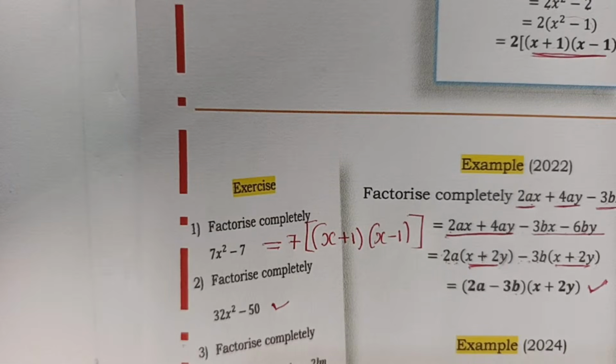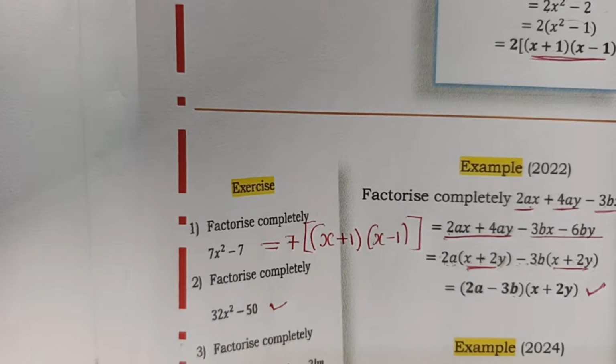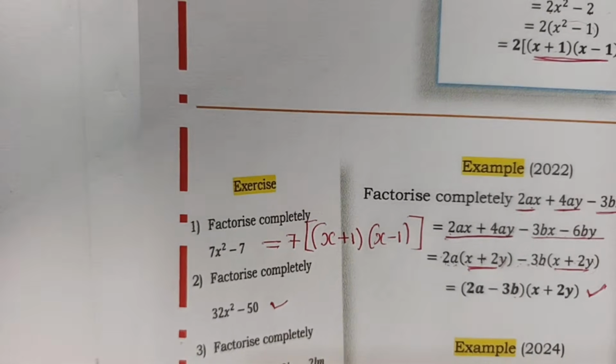Factorize completely. So for this question that we need to factorize, Bright, you are welcome. It's 32x squared minus 50. So they want us to factorize completely. What answer are you getting?